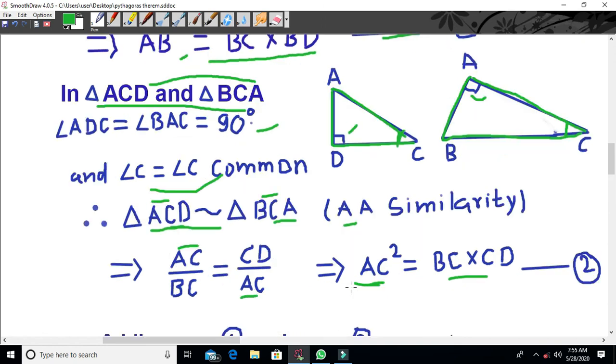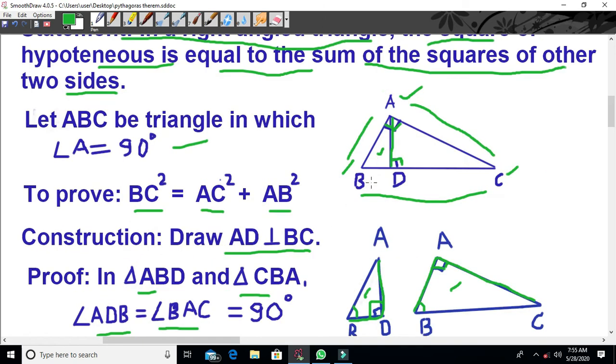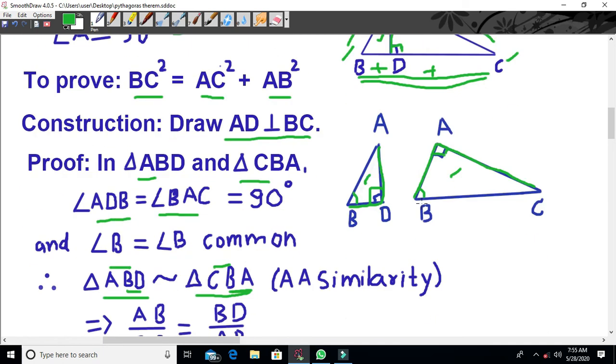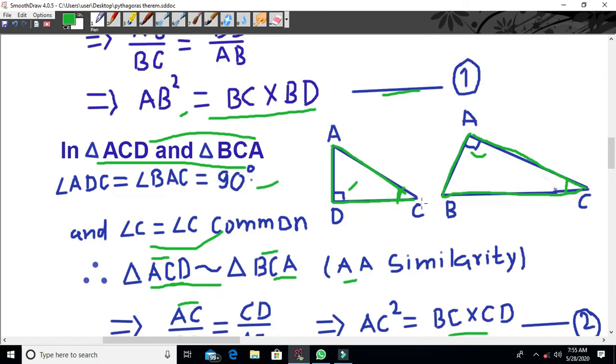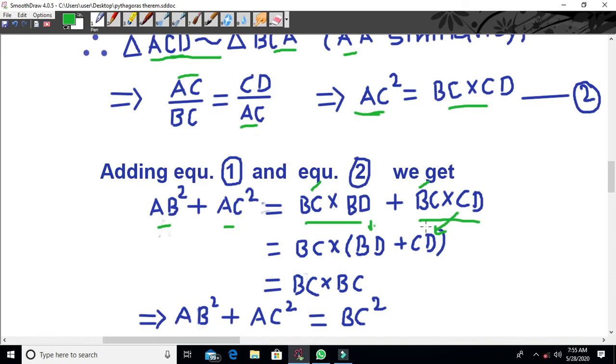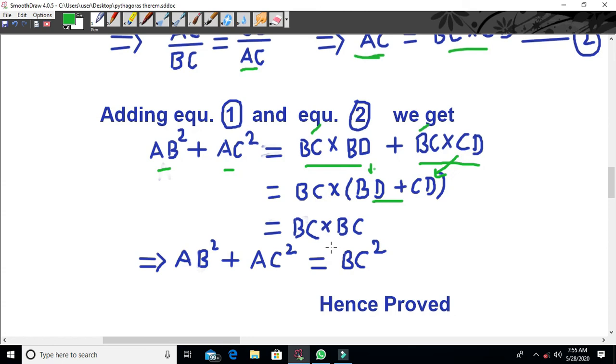BD plus CD is equal to what? It is BC. If we add BD and CD, it is the BC side of the original figure. So BD plus CD is equal to BC. At last, BC into BC is BC square. So we get AB square plus AC square is equal to BC square, hence proved.